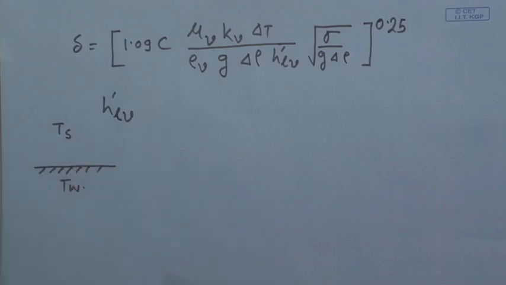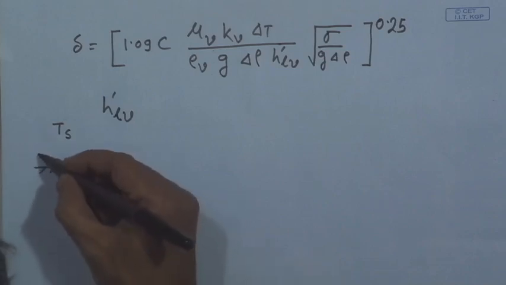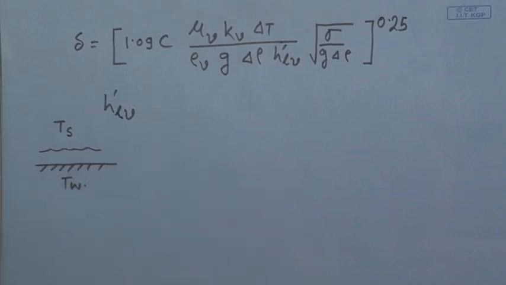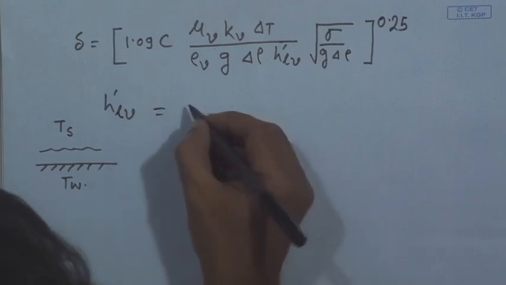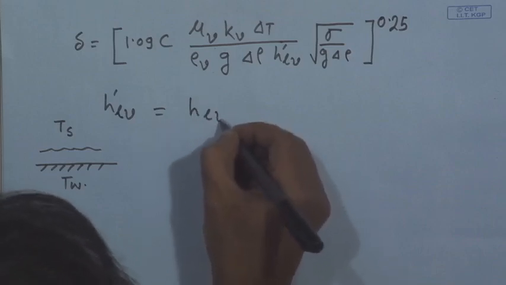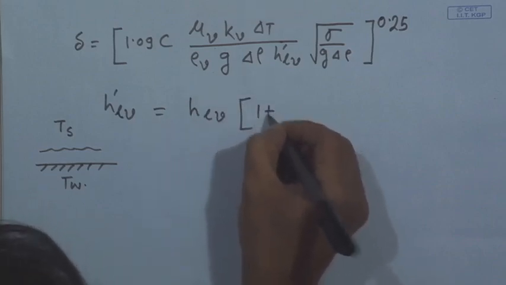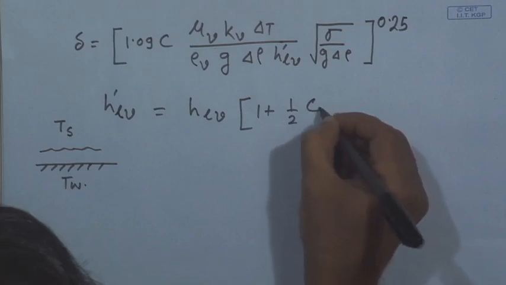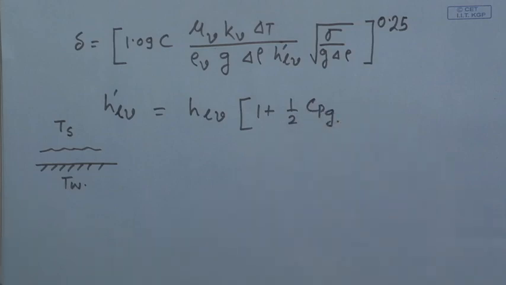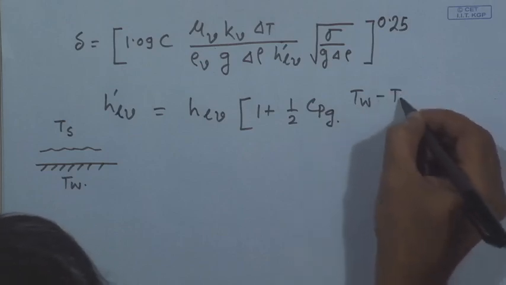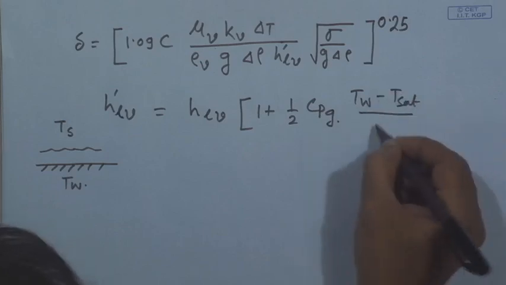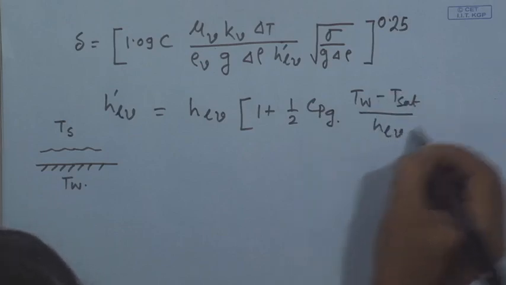So, there could be a certain degree of superheat for the vapor. The vapor need not be at the saturation temperature. So, there is a way of calculating it. This will be H_LV times 1 plus half C_pv, the specific heat of the vapor, times T_w minus T_sat, divided by H_LV.